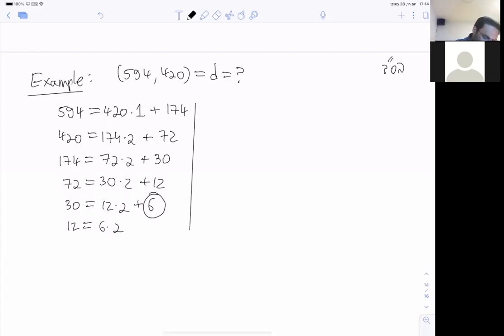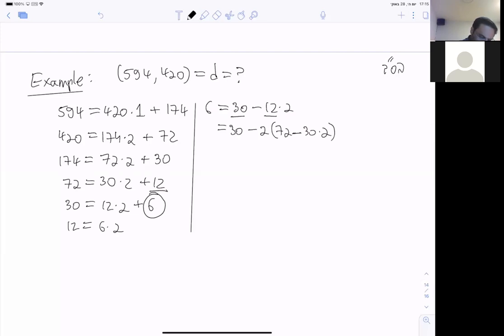And now I want to construct the integral combination. So I'm saying that 6 is 30 minus 2 times 12. Okay, so I have 30 and 12. 12 is below, so instead of 12, I'm writing 72 minus 2 times 30.